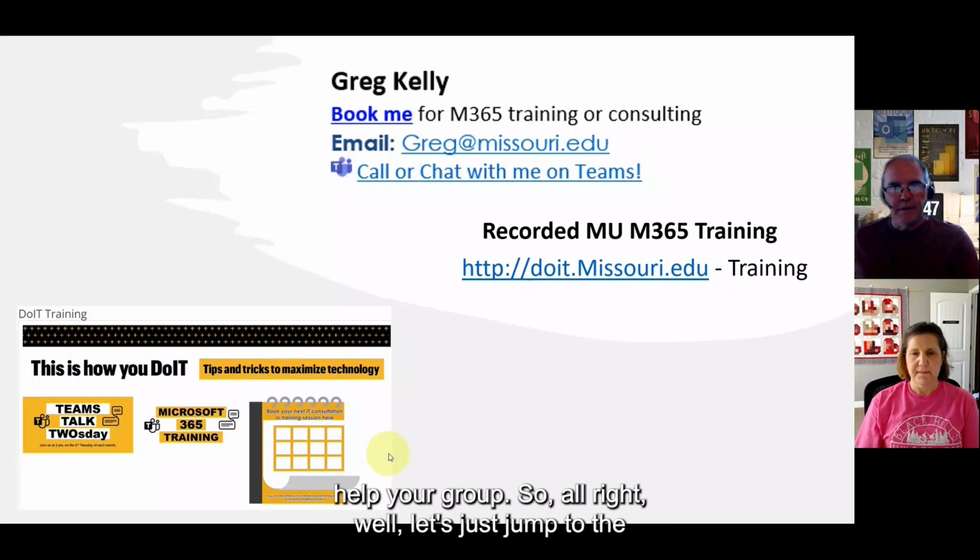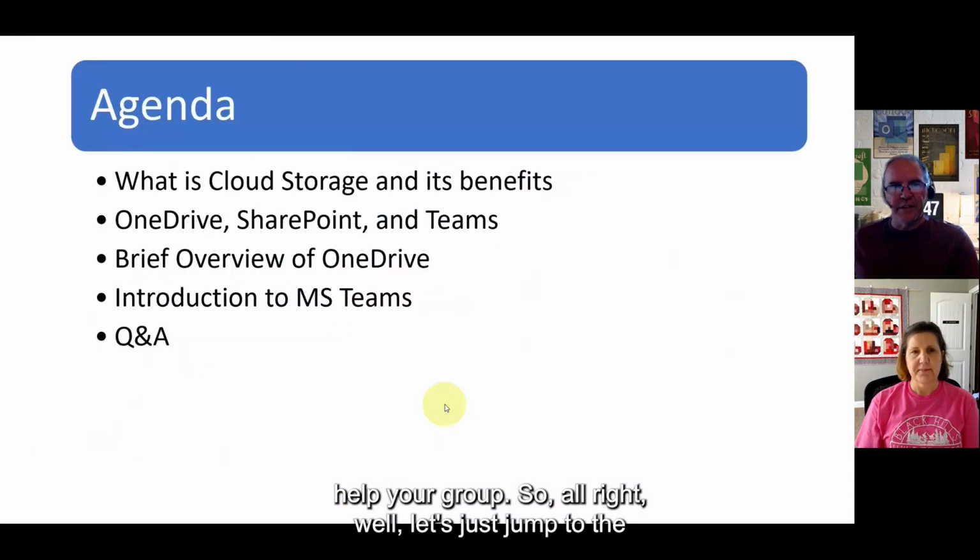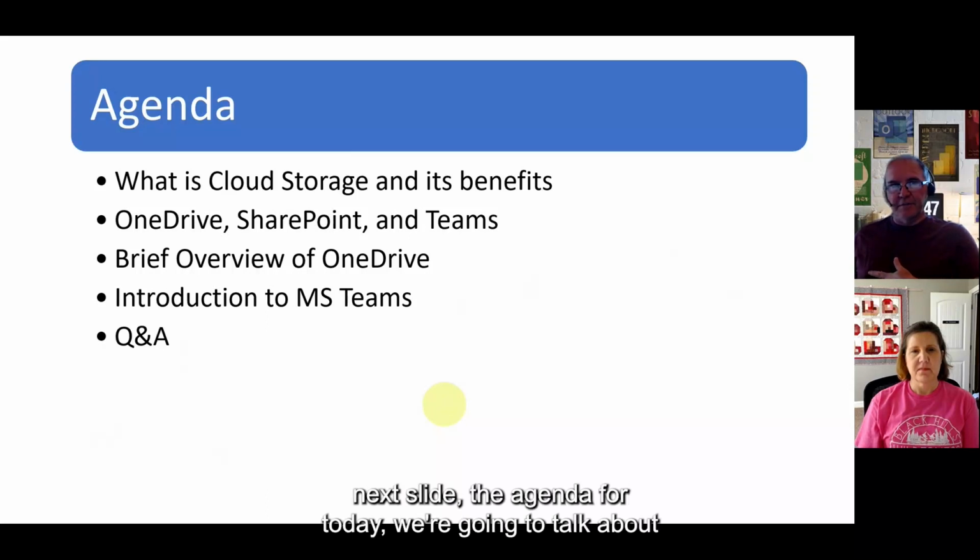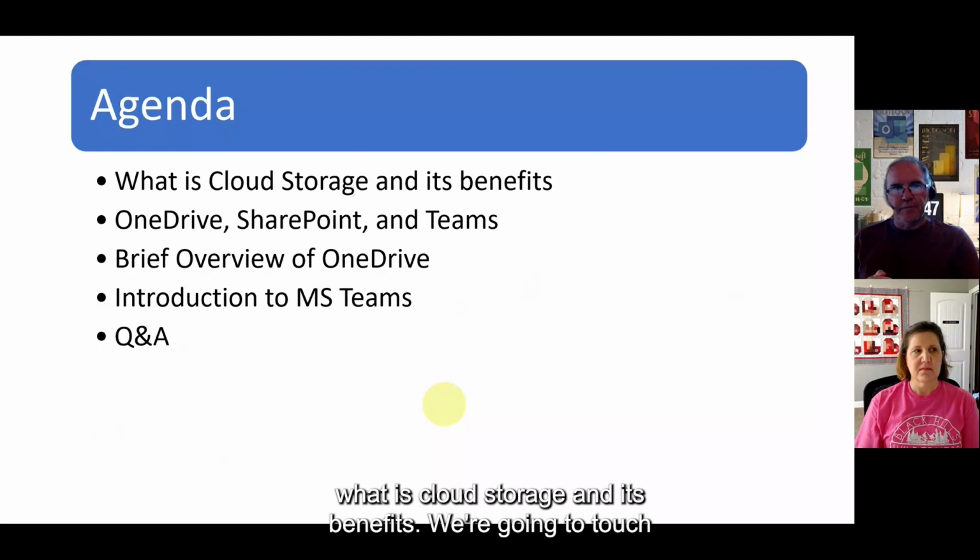All right, let's jump to the next slide. The agenda for today: we're going to talk about what cloud storage is and its benefits, and the difference between OneDrive, SharePoint, and Teams.